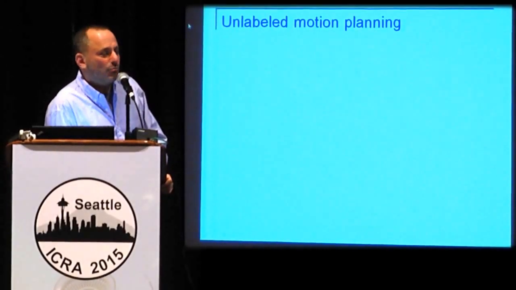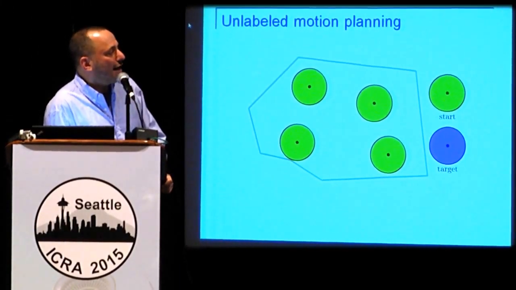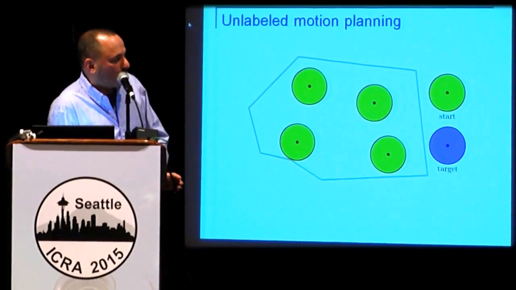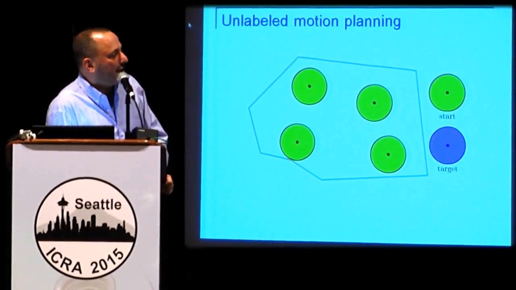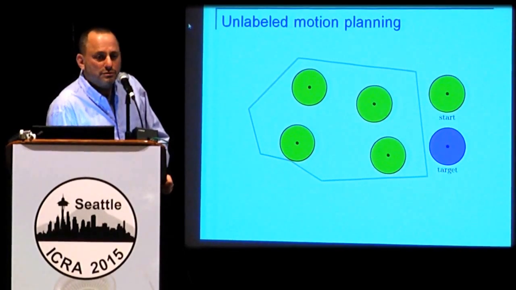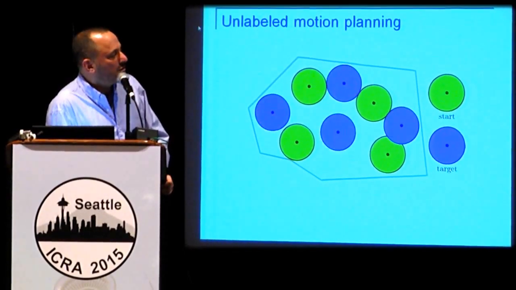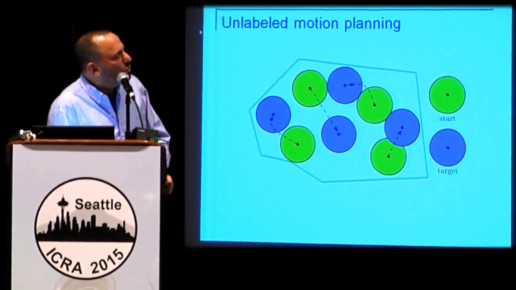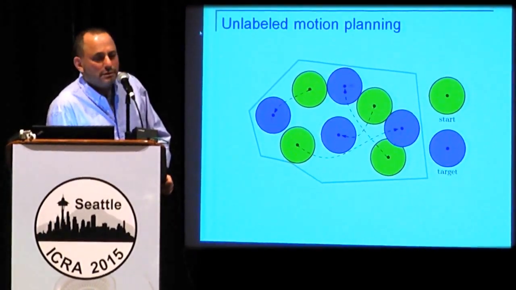Now, let's focus on unlabeled motion planning and make sure that people understand what it is. So I give you a unit disk robot, say. The green denotes starting position. Purple is target position. And I don't care which robot gets where at the end.